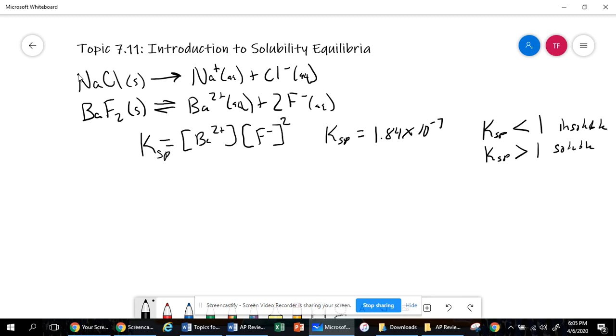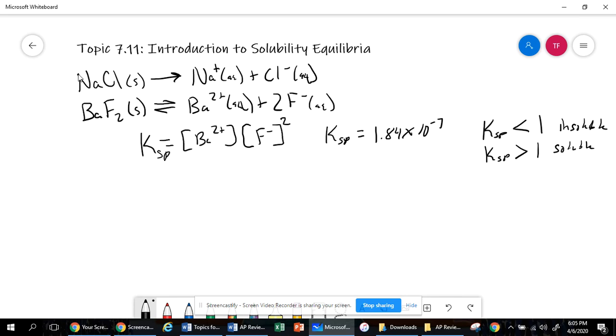One of the things we can do with Ksp is figure out what's called the molar solubility of a salt. How many moles of barium fluoride will dissolve per liter to make barium ions and fluoride ions? If you'll notice in the stoichiometry here, for every 1 mole of barium fluoride that dissolves, 1 mole of barium ions will be produced.